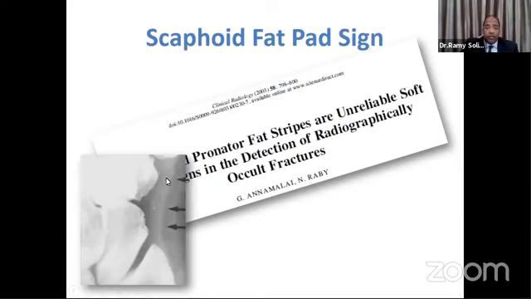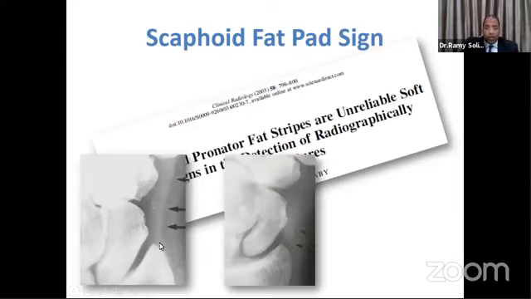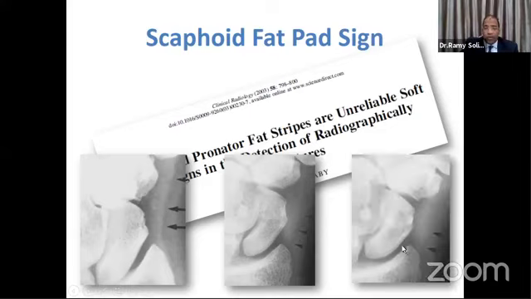Normally, the scaphoid stripe sign is a curve rather than a straight line, with the convexity towards the scaphoid. In case of fracture scaphoid or intra-articular wrist injury, the curve of the line is reversed, with the concave side towards the scaphoid rather than the convex, or there may be partial or total obliteration of the stripe.